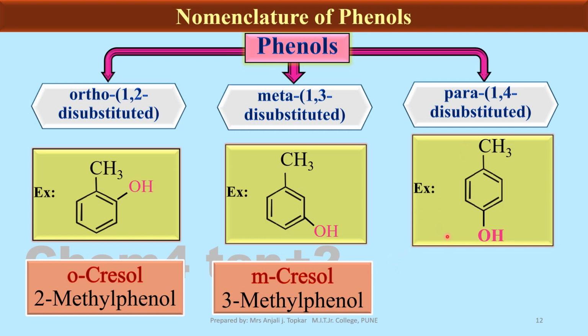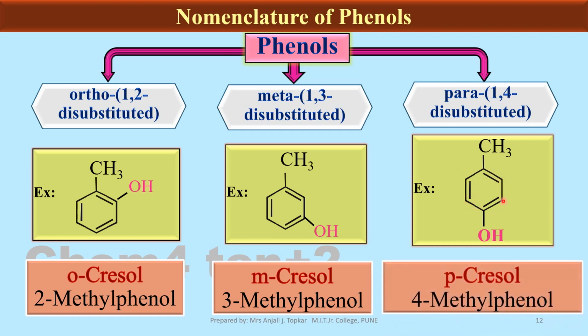In the third case, if this is the OH group, then this carbon atom will be carbon atom number 1. Automatically, this will be carbon atom number 4, from any side. So here, the name of the compound is paracresol, and the IUPAC name is 4-methylphenol.